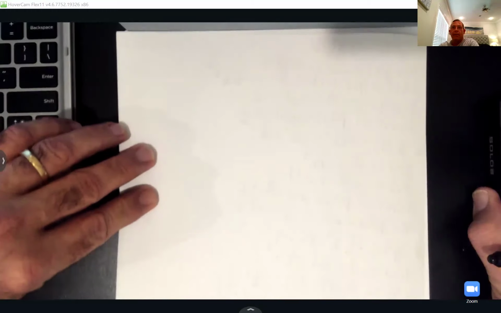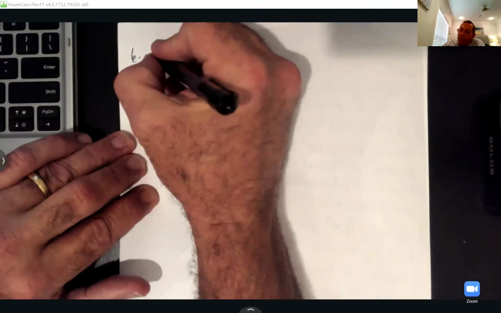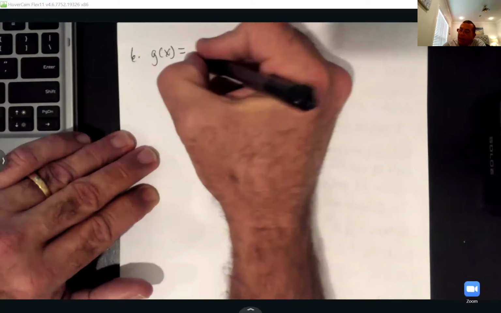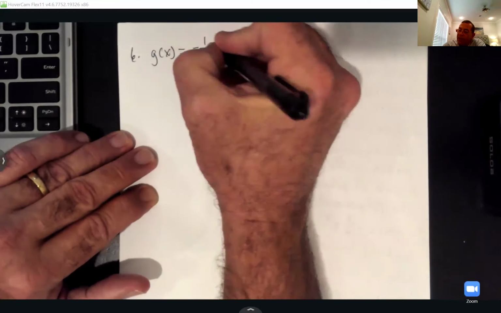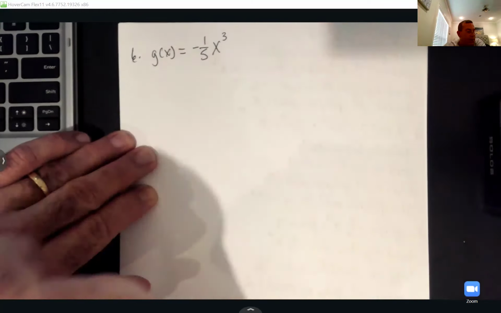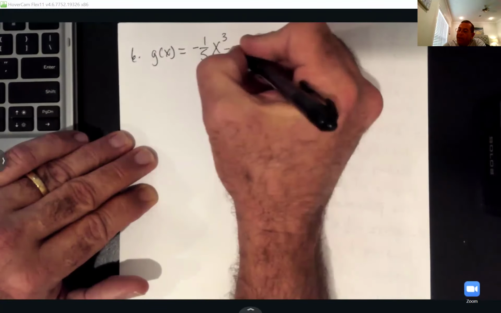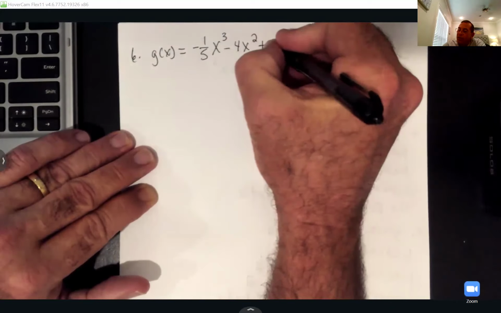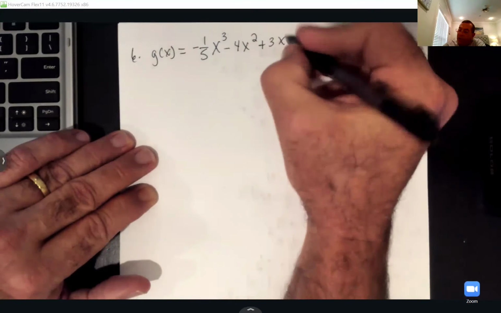So let's knock out number 6. So g of x will equal -1/5 x to the 3rd minus 4x squared plus 3x plus 8.